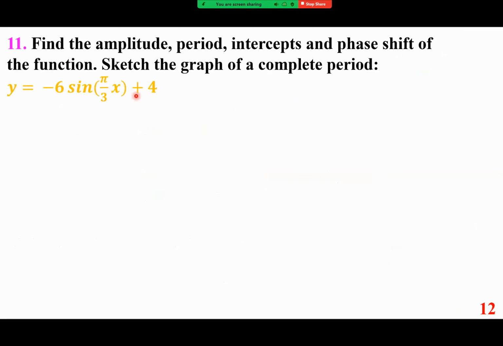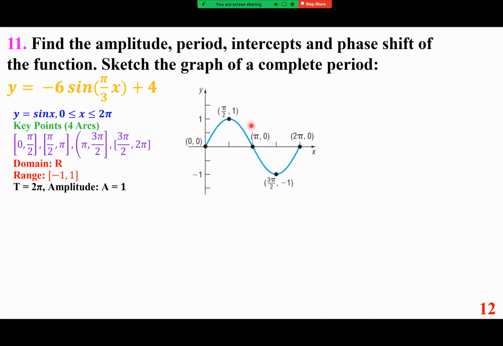We are supposed to graph this function by finding amplitude, period, intercept, and so on. I want to give you the synopsis of what we need to do. Here's one complete cycle of a sine function going from 0 to 2 pi. The key points make up 4 arcs: this is 1, this is 2, this is 3, this is 4.